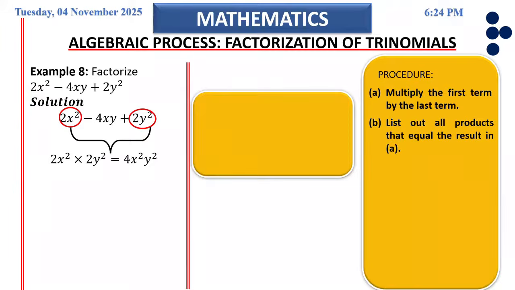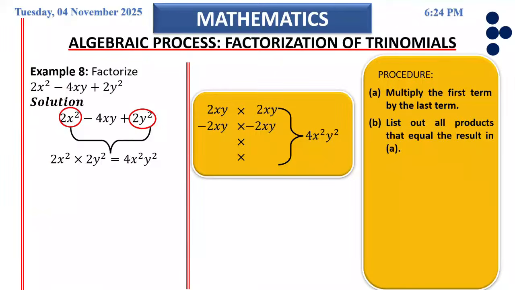So we have our result. What are the values you can multiply together that will give you 4x squared y squared? Let's see. We have minus 2xy times minus 2xy.